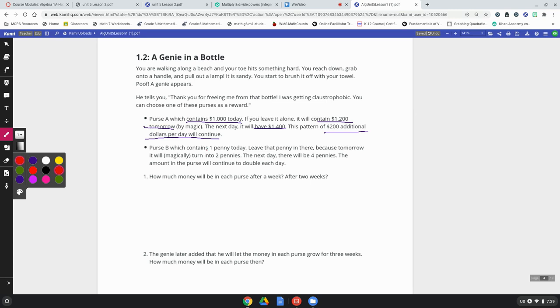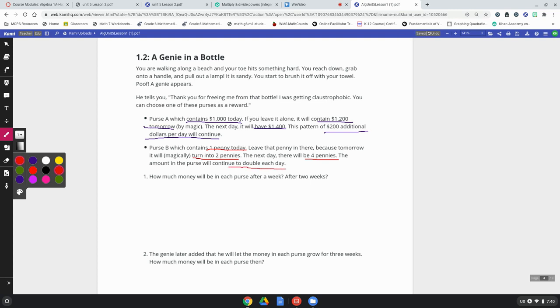Purse B has only 1 penny. Leave that penny in there, because tomorrow it will magically turn into 2 pennies. The next day will be 4. This amount will continue to double each day.